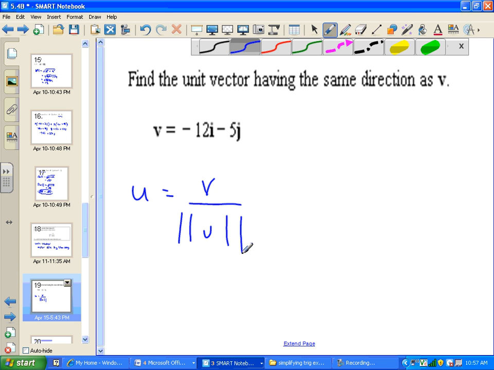So before I start throwing stuff in that formula, what's maybe something I need to look at? The magnitude. So the magnitude of my vector. Remember that formula that we started off with, the square root of a squared plus b squared. In this case, it's almost the same one we just did earlier. We do 144 plus 25.